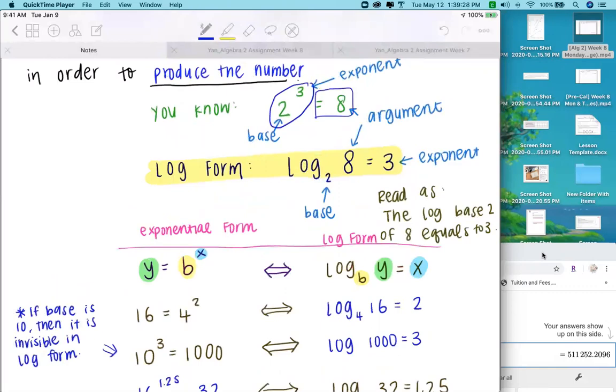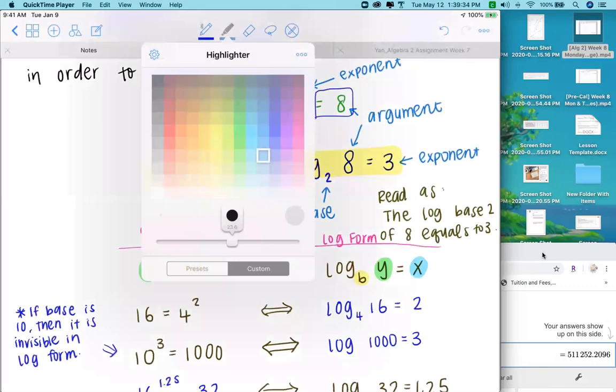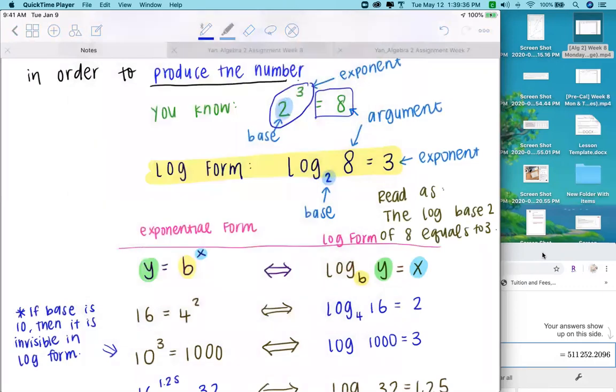And rewriting in log form is log with the little 2 at the bottom as a base. Right here. Okay, so the 2 is the base. And then the exponent is going to go on to the other side now. Okay, and then the 8 remains next to the 2.